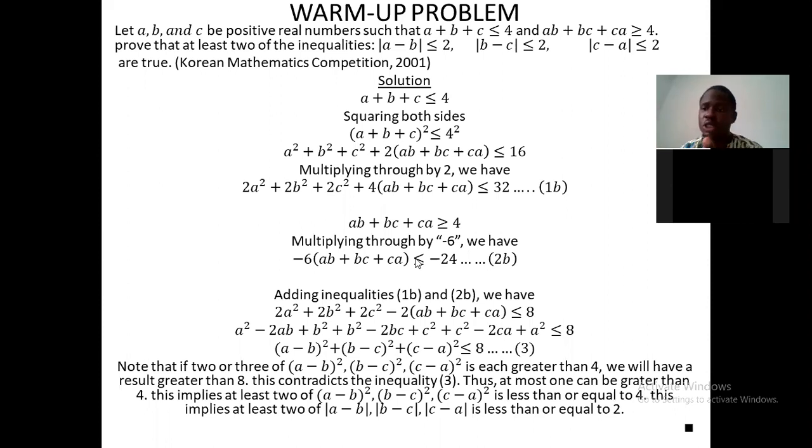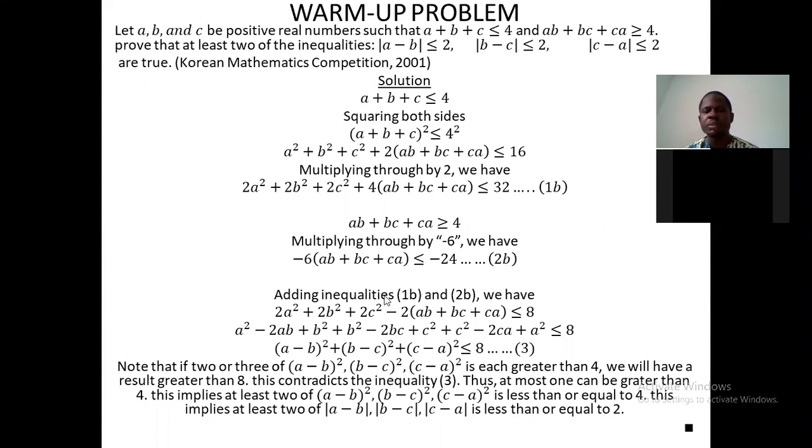One such exception is that when you multiply both sides by a negative value, the inequality sign changes direction. So what happened here is that this was greater than or equal to, but because we're multiplying both sides by a negative value, it changes direction to less than or equal to. So this is 4 times negative 6, negative 24. We now call this inequality 2b.